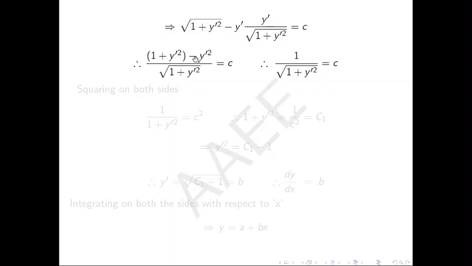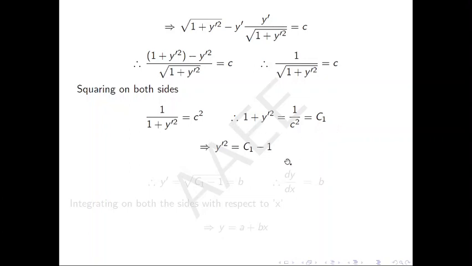This plus y dash square minus y dash square will get cancelled, and this one will be 1 upon under root of 1 plus y dash square is equal to c. Squaring on both sides, you will get 1 upon 1 plus y dash square is equal to c square. Taking reciprocal, this can be written as 1 plus y dash square is equal to 1 upon c square, which is equal to c1.